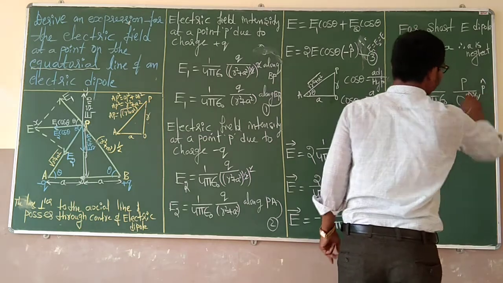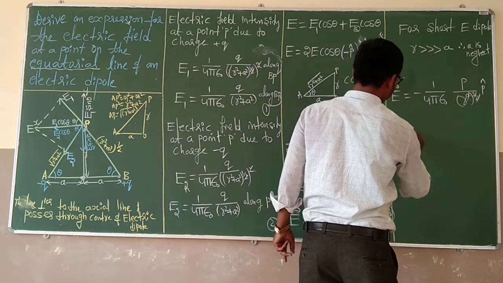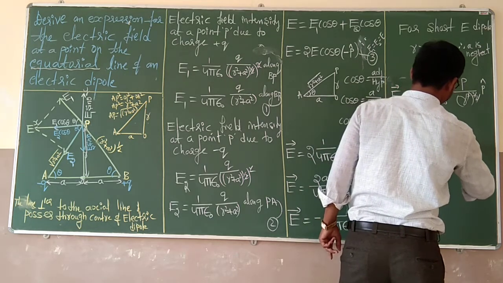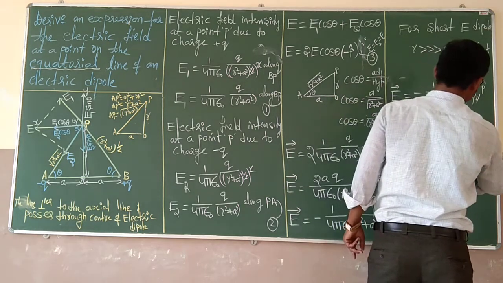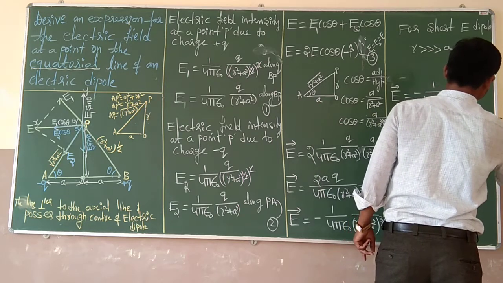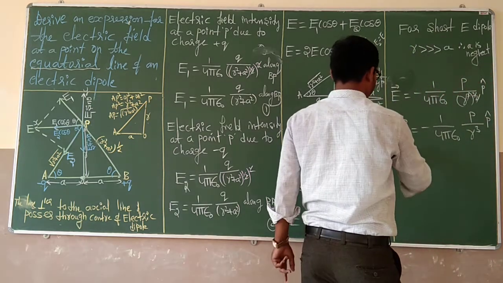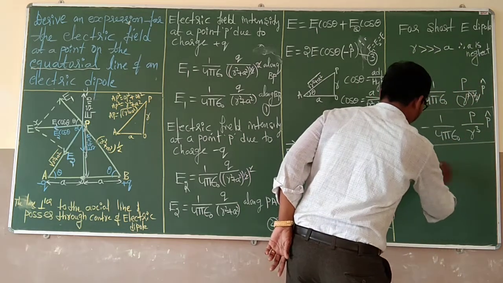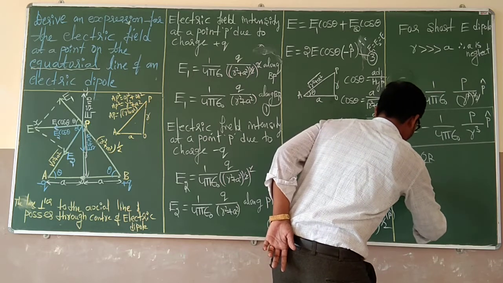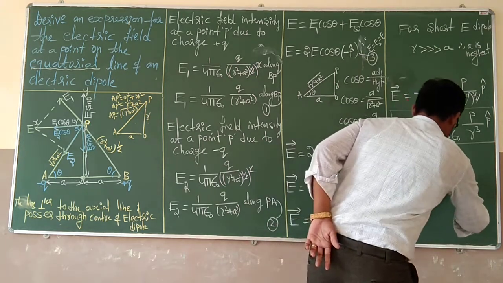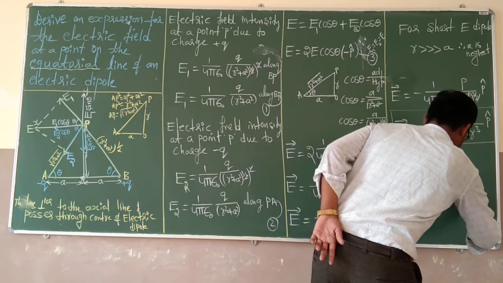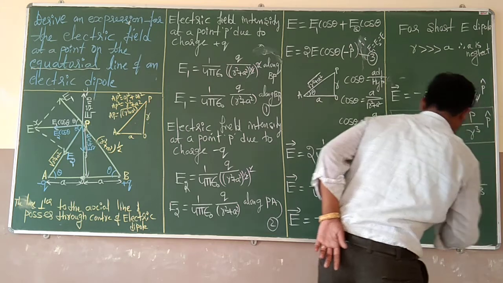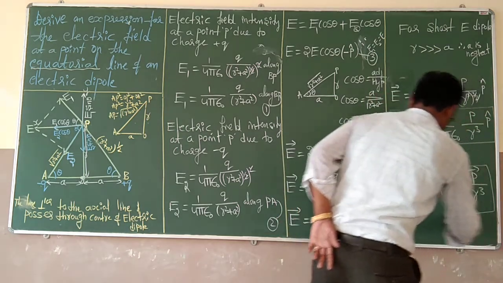When the powers cancel, E vector is equal to minus 1 divided by 4 pi epsilon naught, P divided by R cube, into P cap. This is for a short electric dipole. We can also write this as E vector is equal to minus 1 divided by 4 pi epsilon naught, P vector divided by R cube. This is also a final expression.